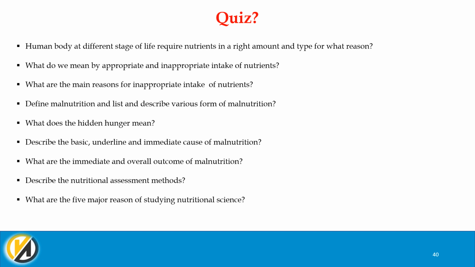Define malnutrition and list and describe various forms of malnutrition. What does hidden hunger mean? Describe the basic, underlying, and immediate causes of malnutrition. What are the immediate and overall outcomes of malnutrition? Describe the nutritional assessment methods. What are the 5 major reasons for studying nutritional sciences?